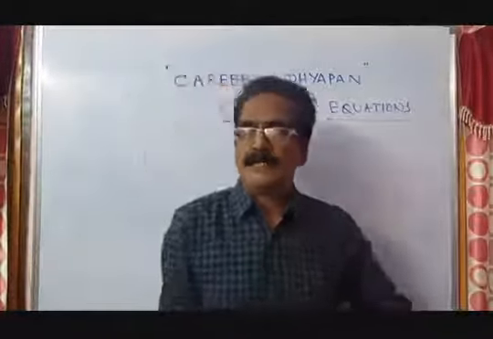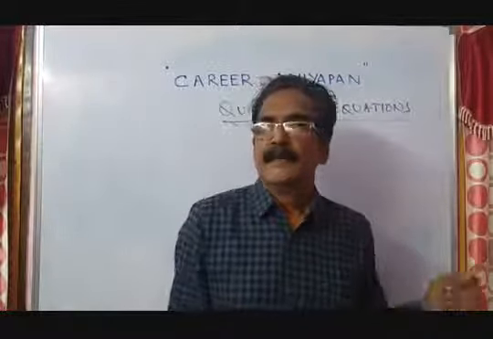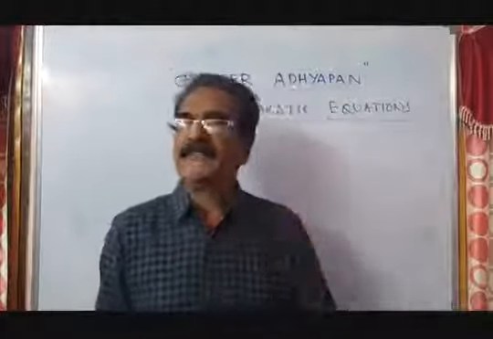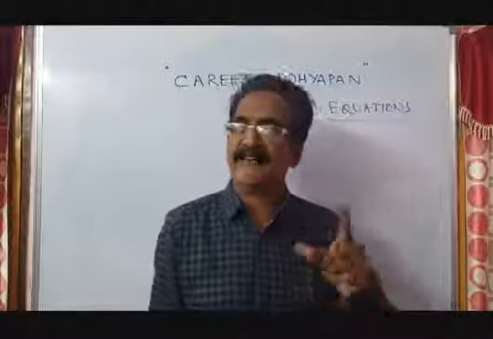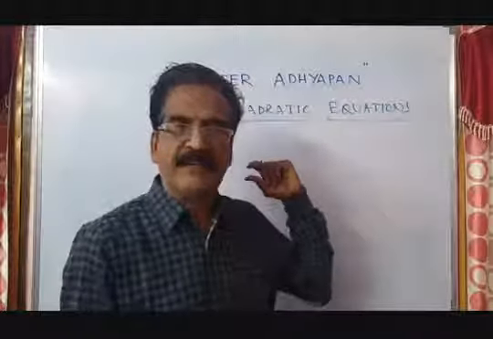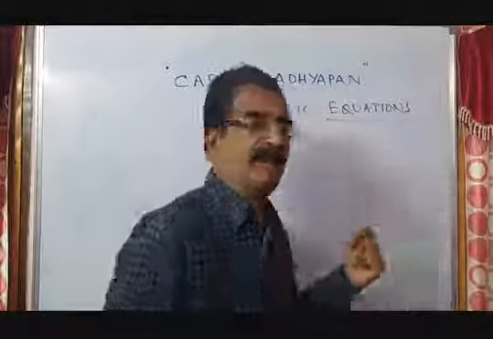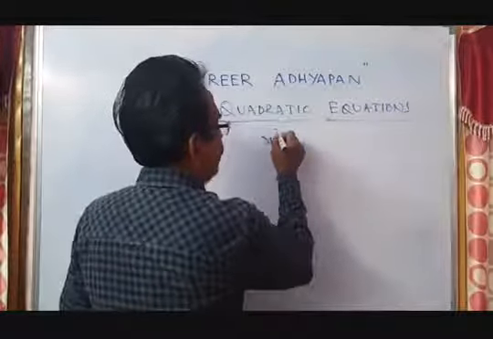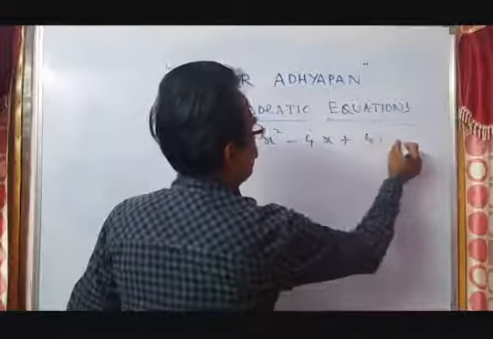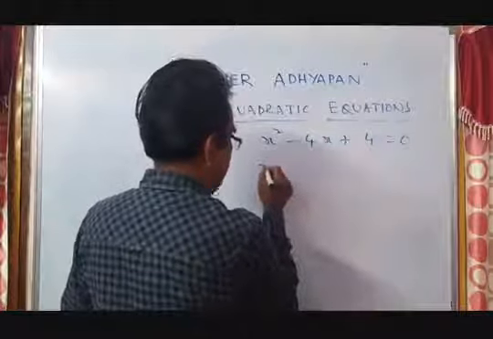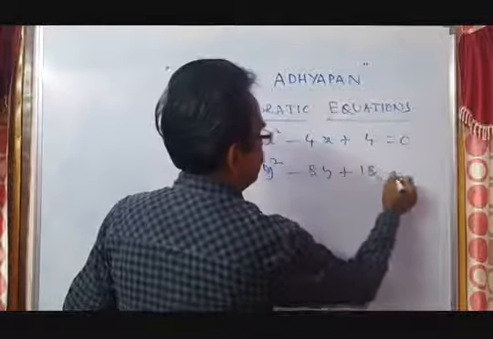See, I will tell you the concept behind this chapter first. Two equations in x and y will be given. One equation will be in x and one equation will be in y, like x square minus 4x plus 4 is equal to 0, and y square minus 8y plus 15 is equal to 0.